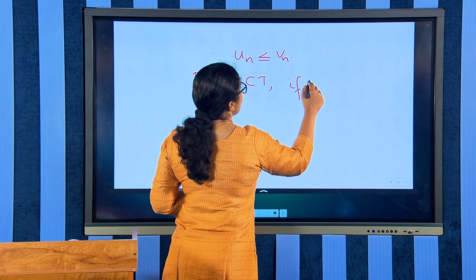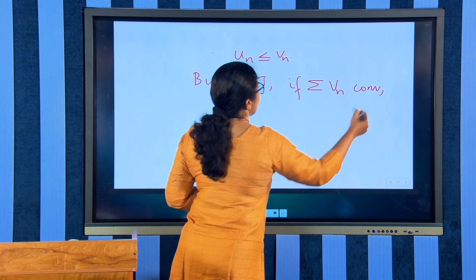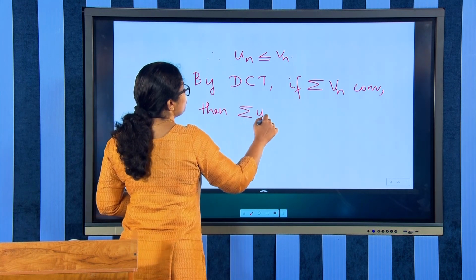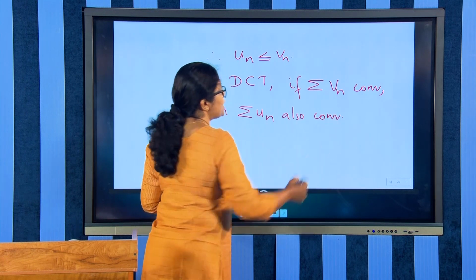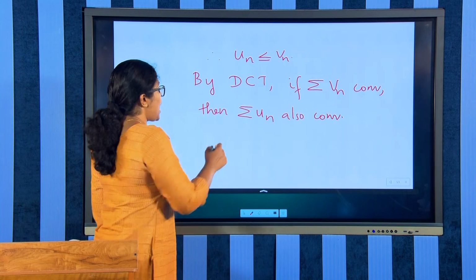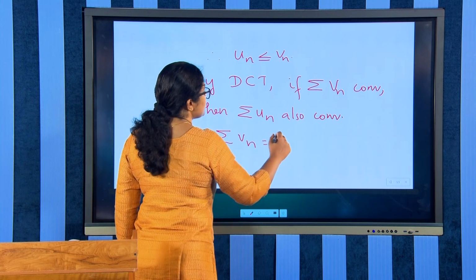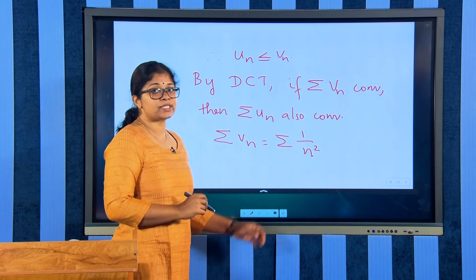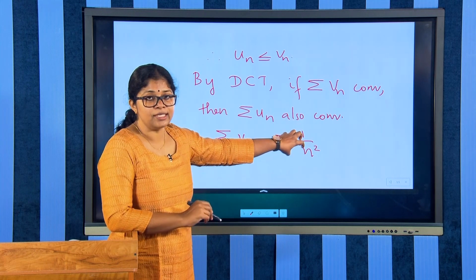By the direct comparison test, if the larger series sigma Vn converges, then the smaller series sigma un also converges. This is what the direct comparison test says. And what about the convergence of sigma Vn? Sigma Vn is nothing but sigma 1 upon n square. In the beginning of this class itself, we had discussed the importance of this series.